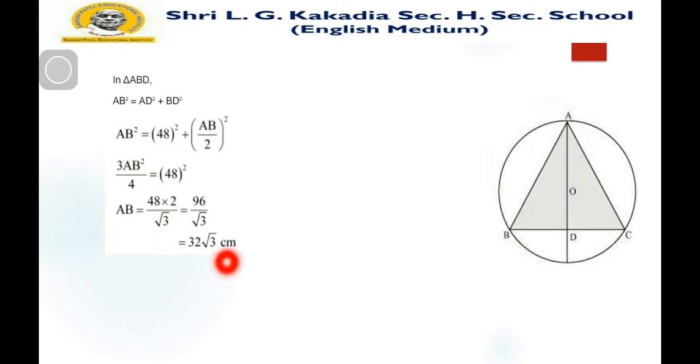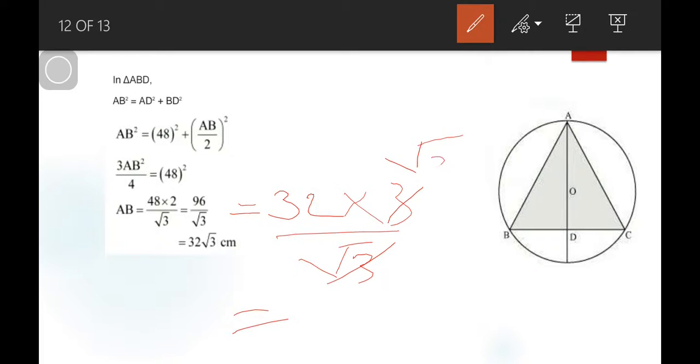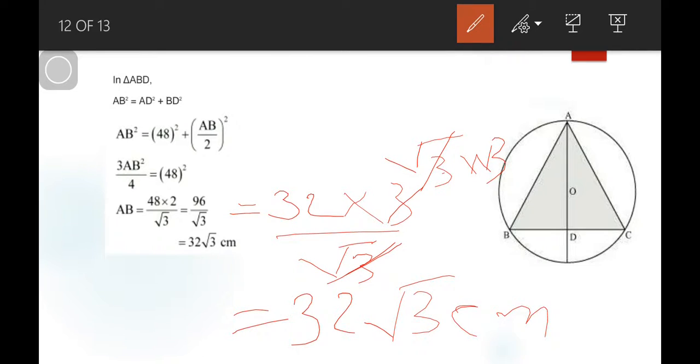Here 32 times 3 is 96, and square root 3 into square root 3 equals 3, so the square root 3 cancels. So 32 square root 3 centimeter is AB.